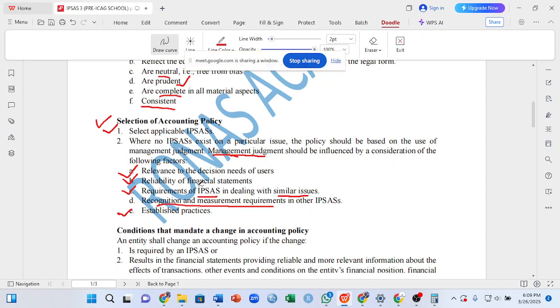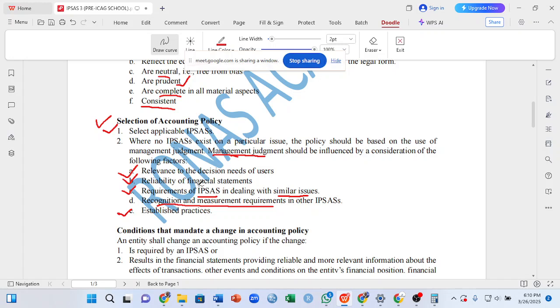So remember that if you have an applicable standard, follow the applicable standard. If you don't have any applicable standard, you use management judgment. But first, before you can use management judgment, you must meet the two guiding principles, which is about the relevance of decision making and reliability of the financial statement. Then the additional is that you use similar IPSAS to account for that particular transaction.